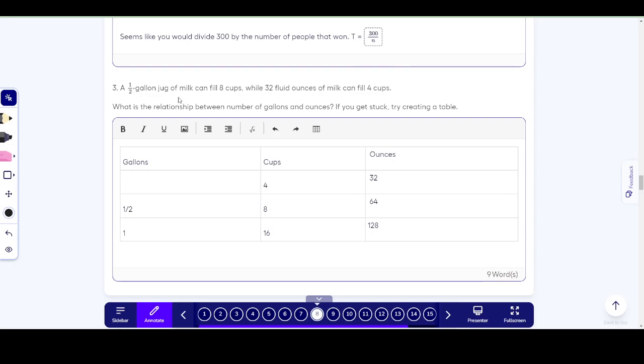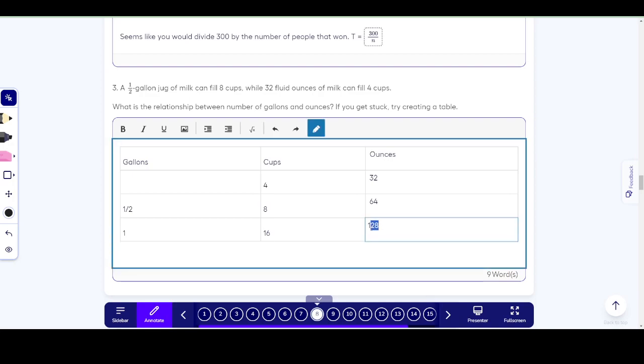So it says, what is the relationship between the number of gallons and ounces? So it looks to us that 128 ounces is 1 gallon. So if we want to keep going, we're going to multiply every time. So half a gallon times 128 will give us 64.